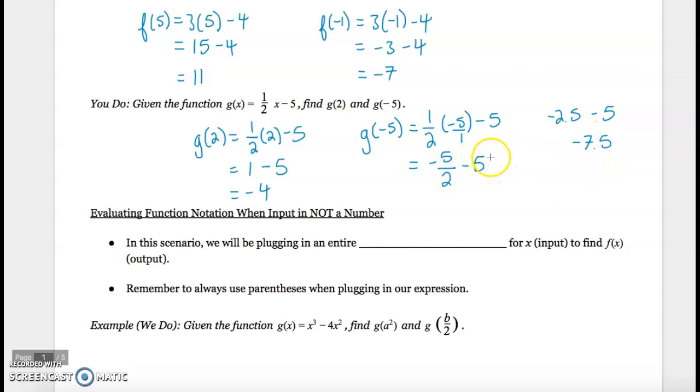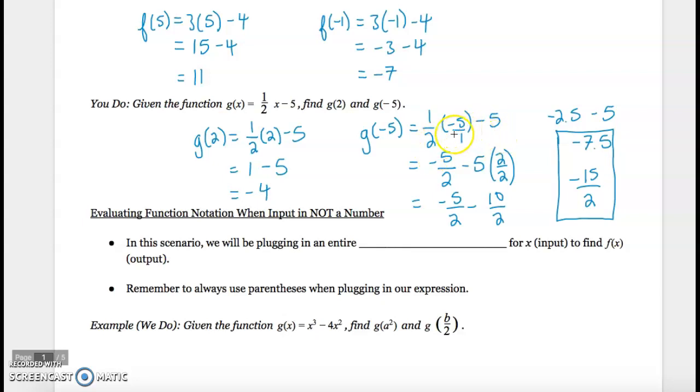Or if you used common denominators to subtract fractions, negative 5/2 minus 10/2 would give me negative 15/2. So either of these would be considered correct answers.